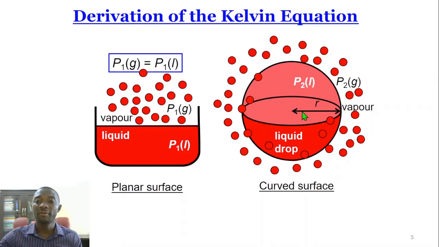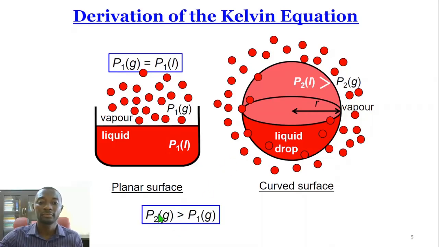For the case of the drop, the pressure of the liquid is greater than the pressure of the vapor. That's why the surface curves outwardly.